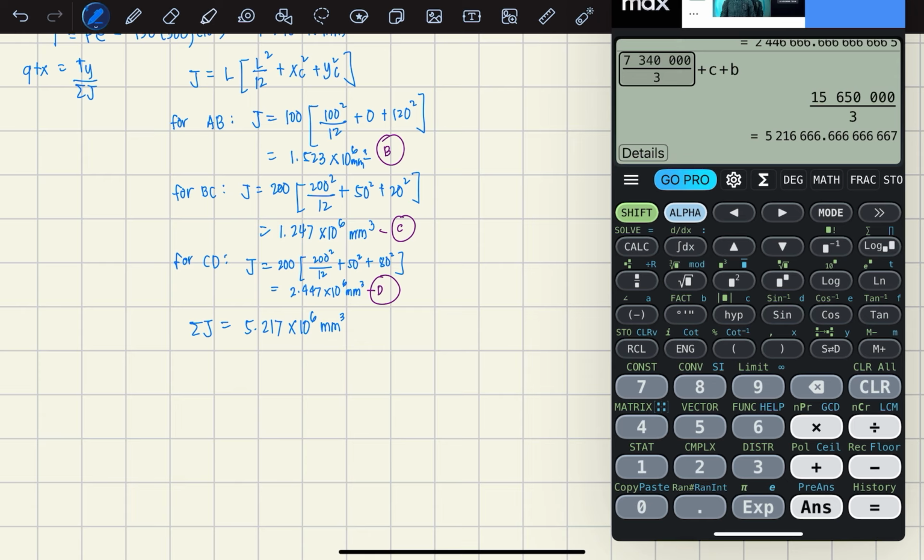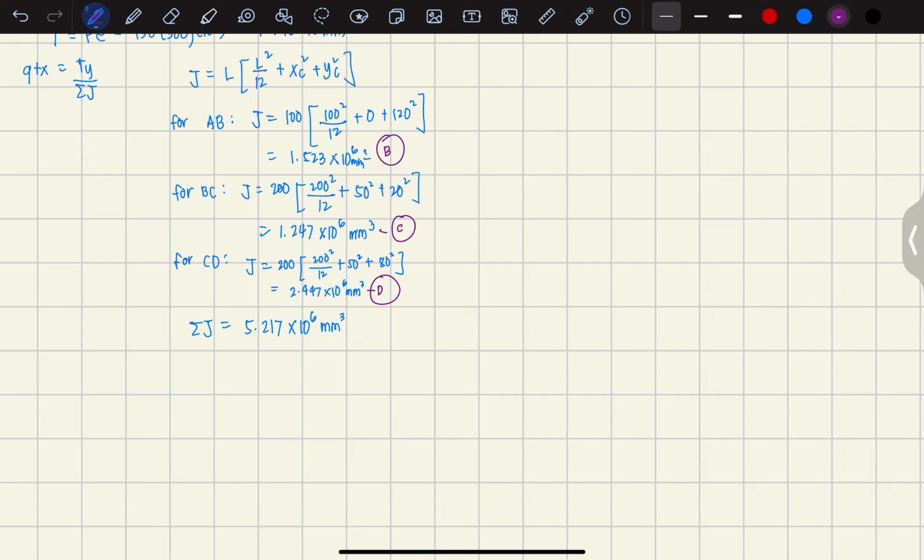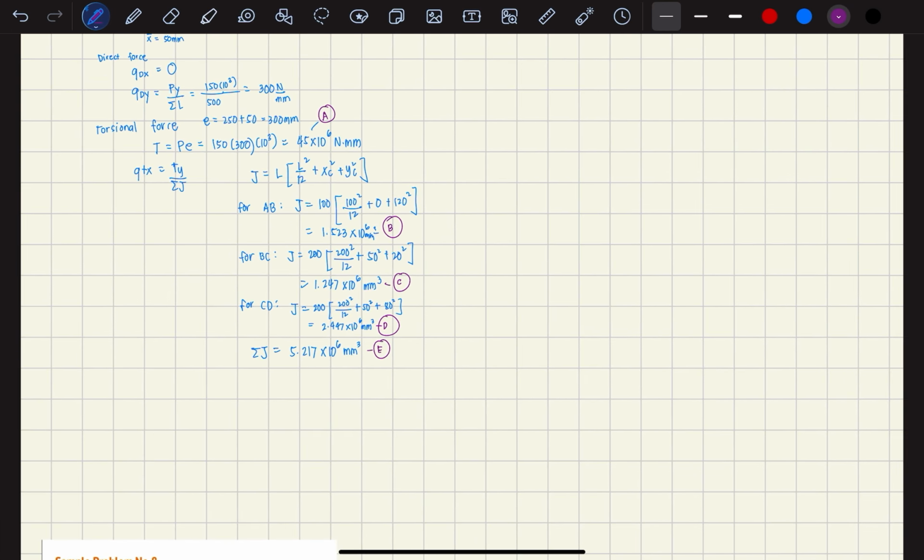So, store ko siya sa E. So, makukuha na natin yung QTX, no?